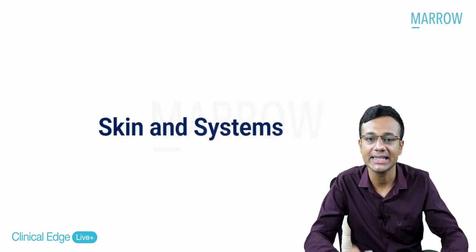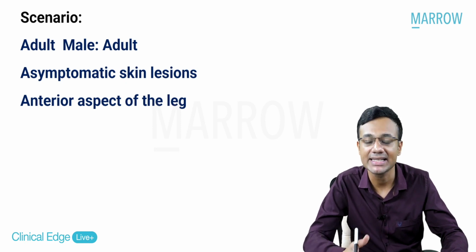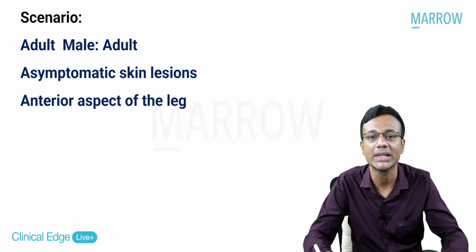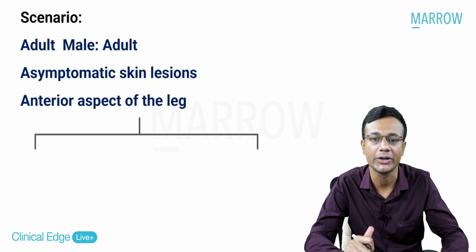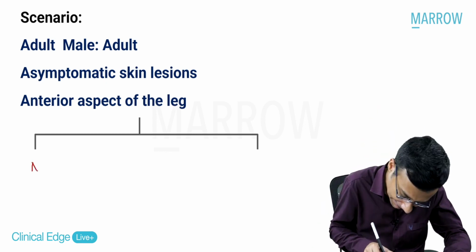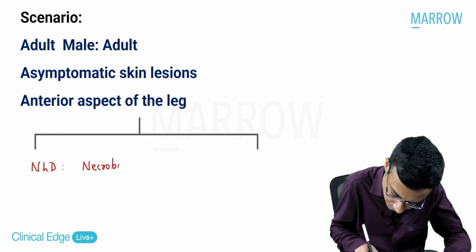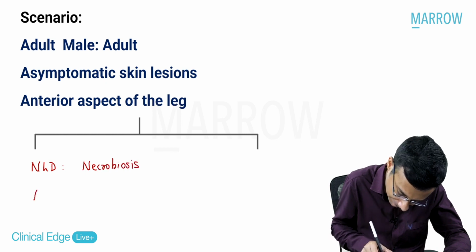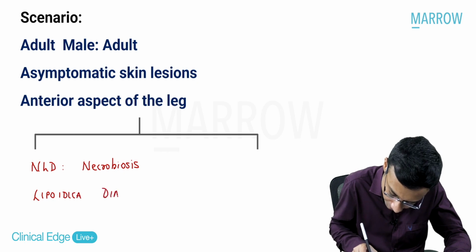The next topic is skin and systems. Case scenario number 1. There's a question which is telling us that there's an adult male presenting with asymptomatic skin lesions distributed over the anterior aspect of the leg. Two important differential diagnoses is what we need to consider. Number 1, NLD, which stands for necrobiosis lipoidica diabeticorum.